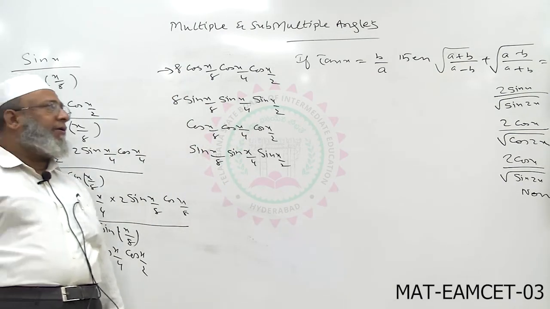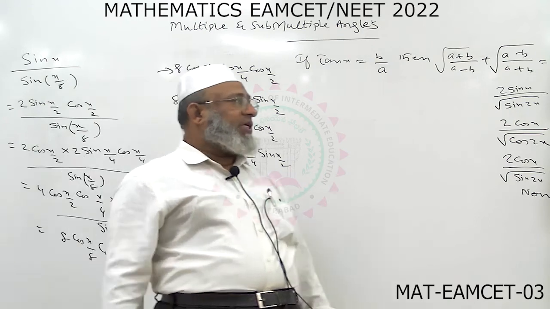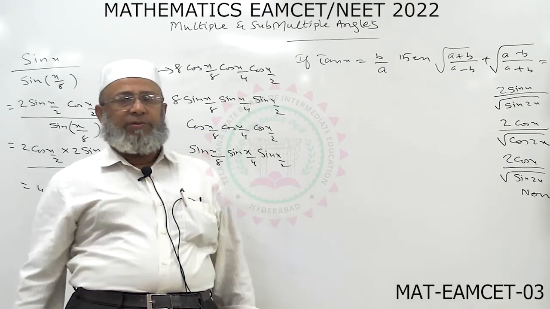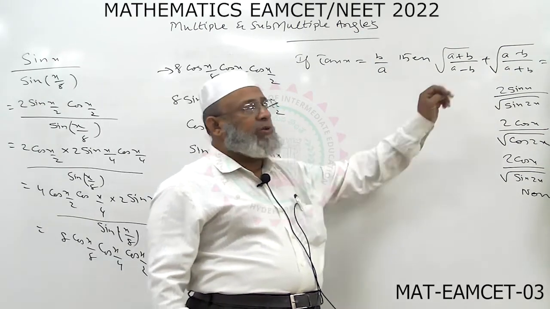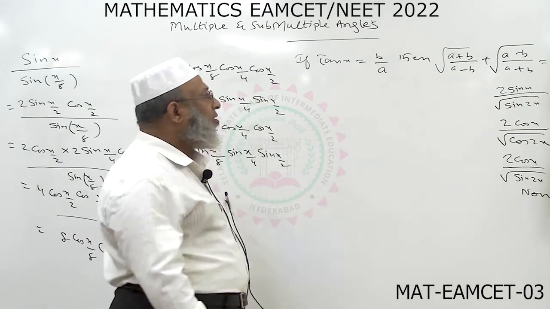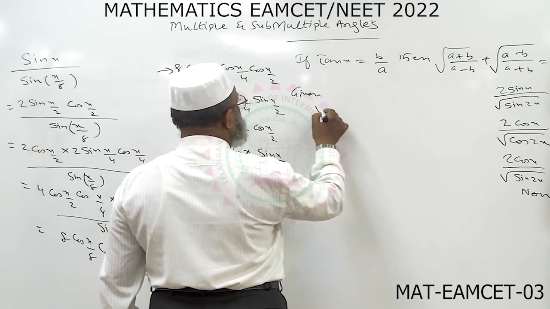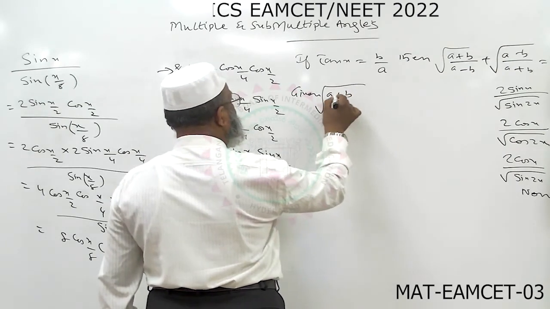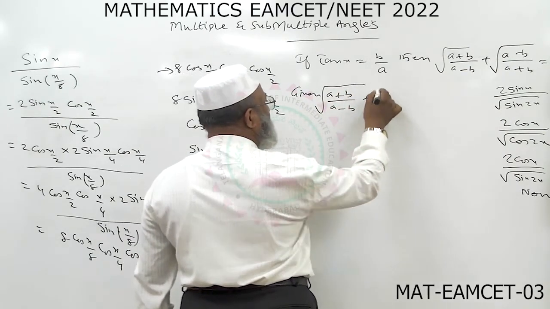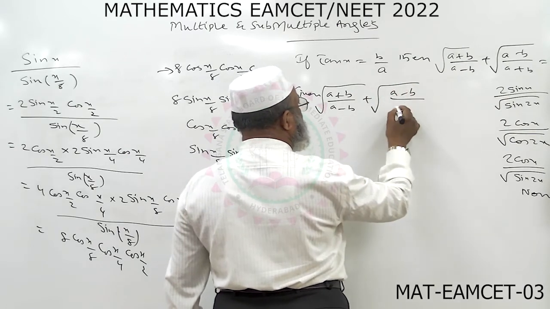So here, what is the given question? Tan x is given as b by a. So I have to calculate this value, root of a plus b by a minus b. So what I am doing, given expression is root of a plus b divided by a minus b plus root of a minus b by a plus b.